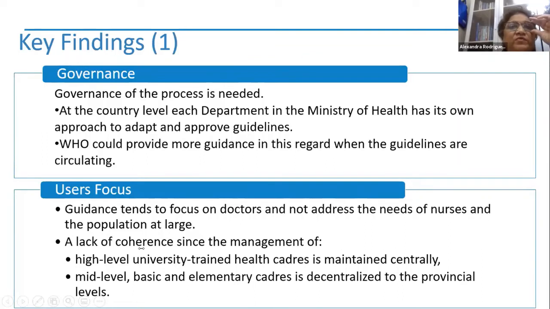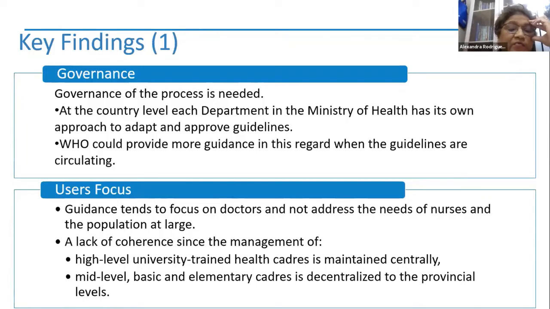In terms of user focus, we found that guidance tends to focus on doctors and doesn't address the needs of nurses and other health professionals, and at the bottom, the population as the users.